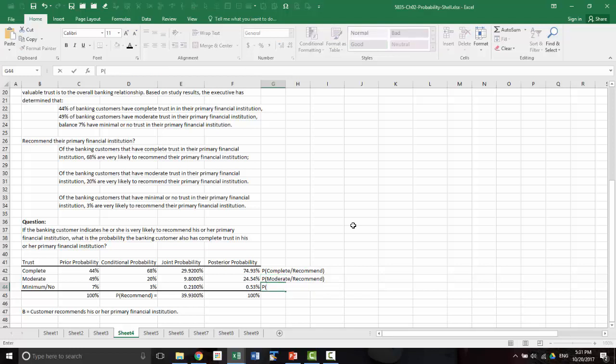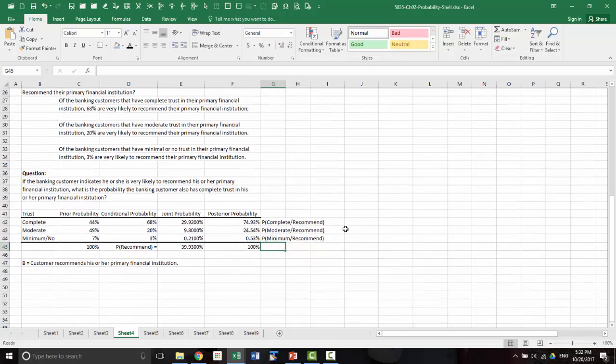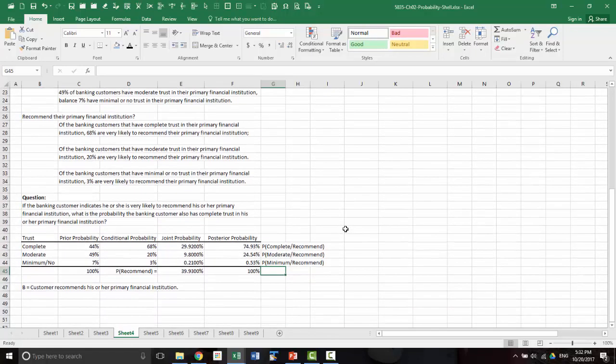This is the probability of minimum or no trust given they did recommend. So going from prior probability to posterior probability, that's our Bayes theorem.